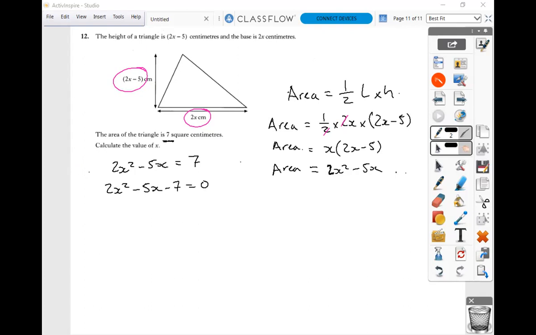Yeah, it was on paper 1. We're getting a decimal.